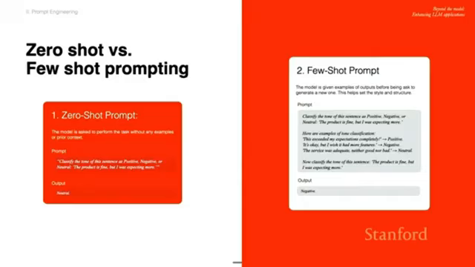So the example here is you paste the same prompt as before with the user review, and then you add: here are examples of tone classifications. This exceeded my expectation completely. Positive. It's okay, but I wish it had more features. Negative. The service was adequate, neither good nor bad. Neutral.